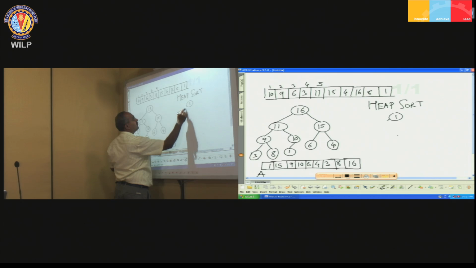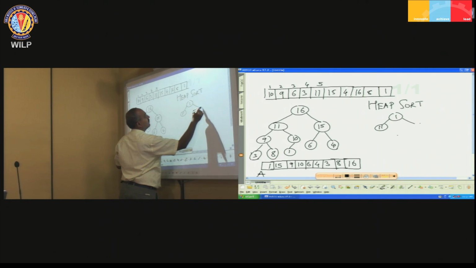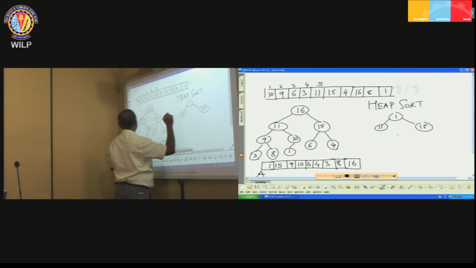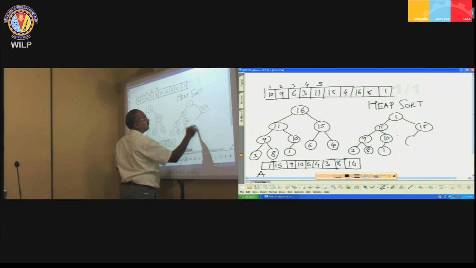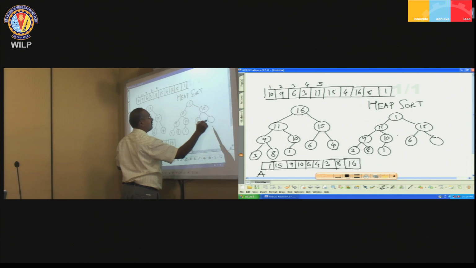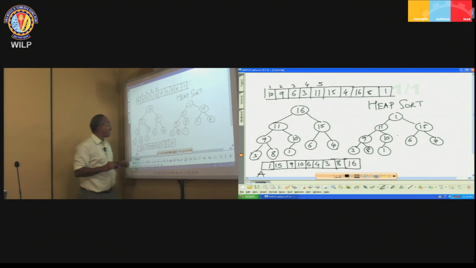The rest of the tree is going to be the same: 11, 15, 9, 10, 1, 3, 8, 6 and 4. I am going to drop 16 from my consideration. We are looking only at A_1 to A_(N-1).